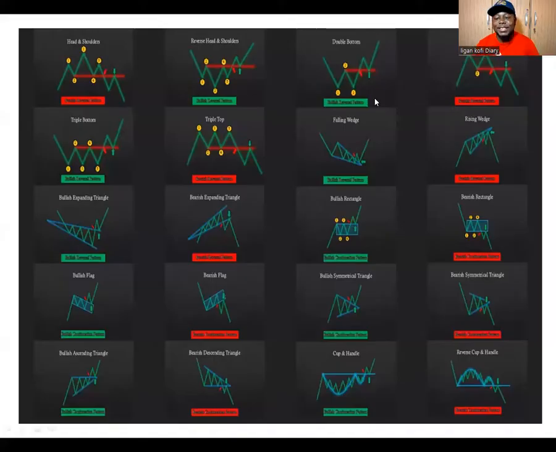I have some notes I want to share with you, and then we see how we can group these patterns I have just shown to you and see how best we can put them in our mind and use them on the Forex charts. Is that okay? So let's go straight back to the notes. I have some notes to share with you. So we're going to be looking at these chart patterns.